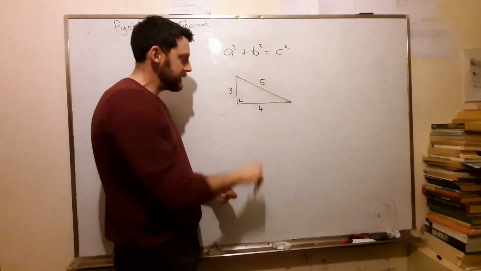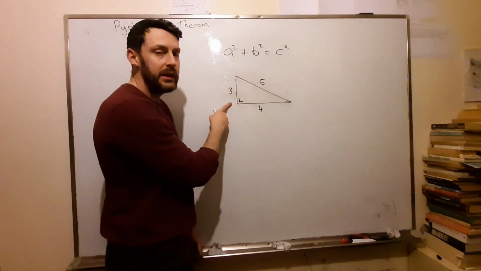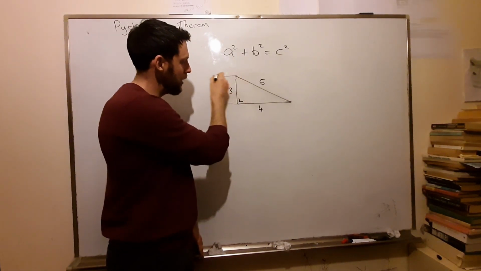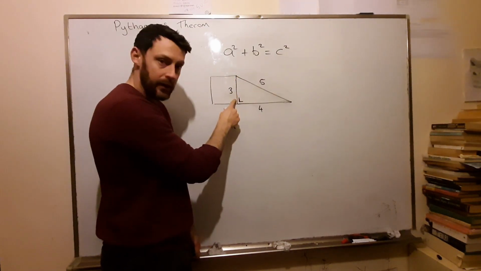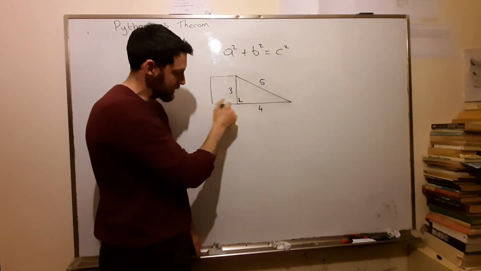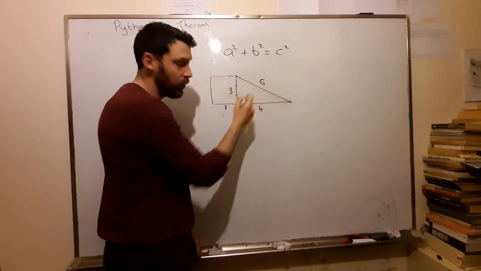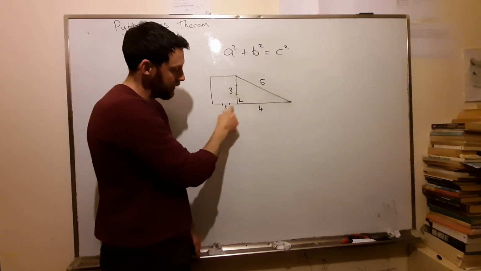Okay, so what does Pythagoras' theorem tell me? If I take the side here, 3, and I square it, what does it mean to square the number 3? It means draw a square off the side of it. So it's 3 long there. How long is it here? Well, it's 3 as well. If I break it into units of 1, there's 3 units in this one, and 3 units here.